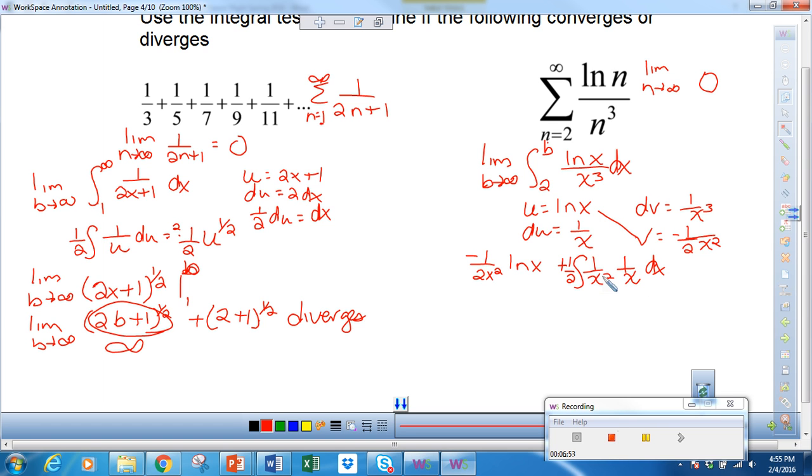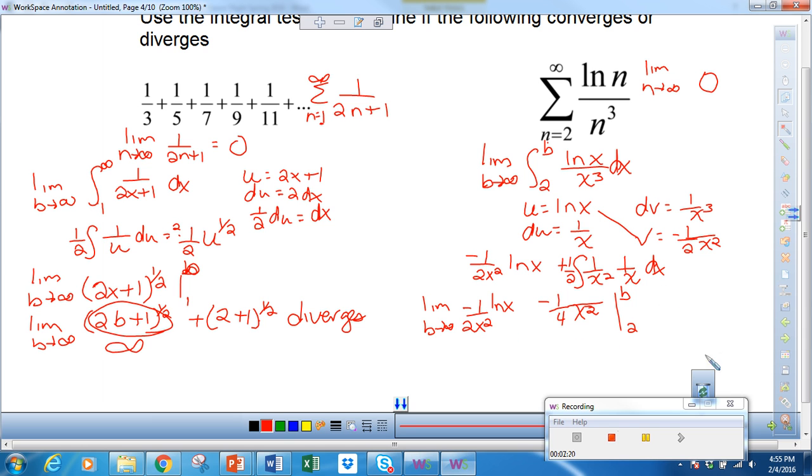That's just 1 over x cubed again, so I've already integrated that, so I know that this is going to be negative 1/4 x squared minus 1 over 2x squared, natural log of x. And I'm evaluating that from 2 to b, and it's the limit as b approaches infinity.